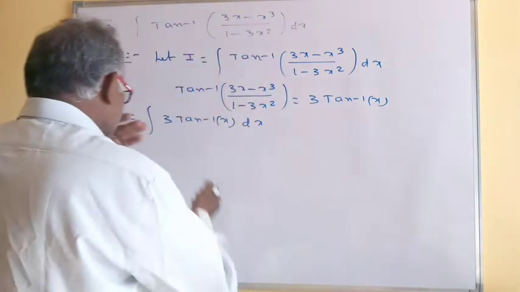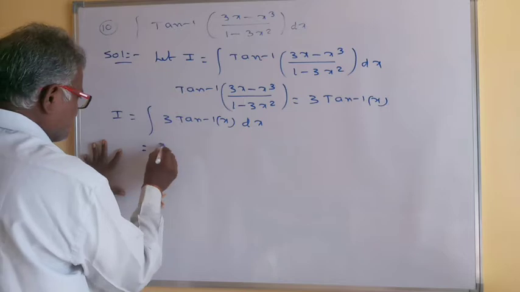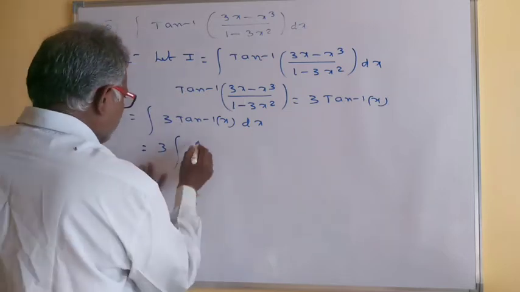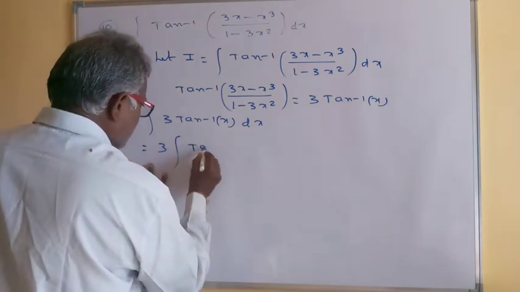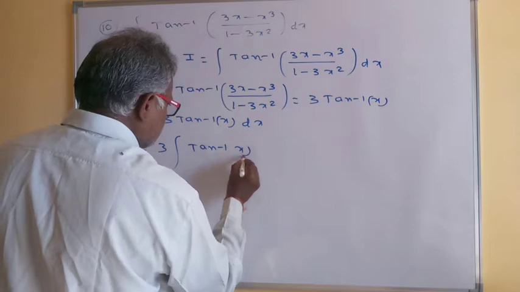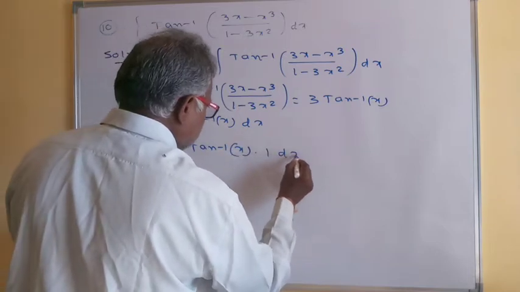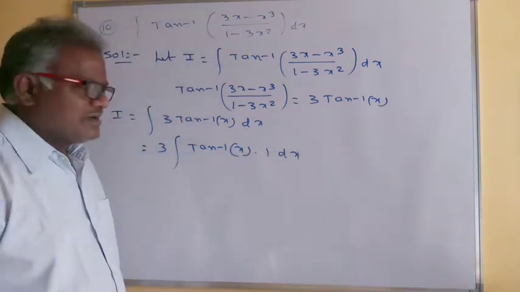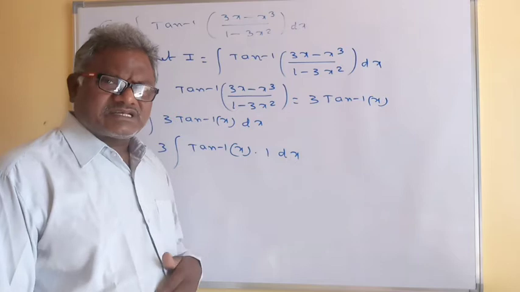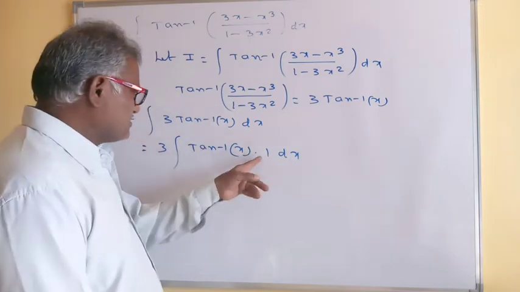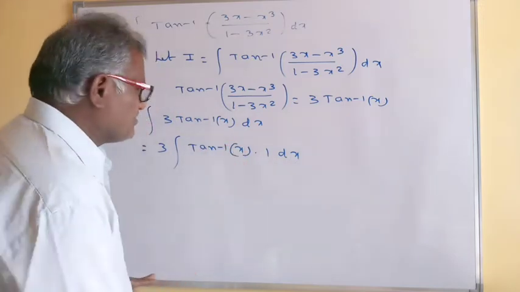Here 3 is a constant, so take it out as common. So tan inverse x into 1 dx.